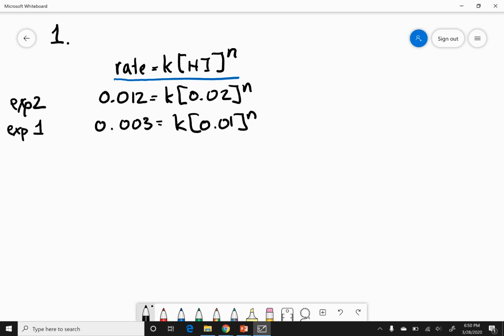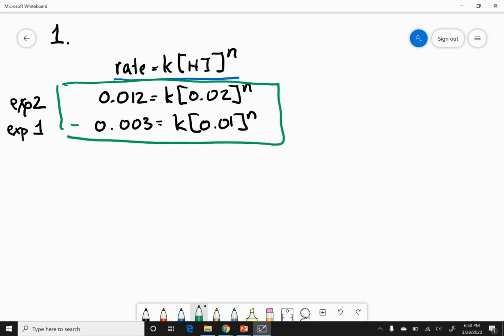Now, I'm going to divide these equations one by the other. So I'm going to focus on my experiments right here, and I'm going to divide one by the other, and see what that is.